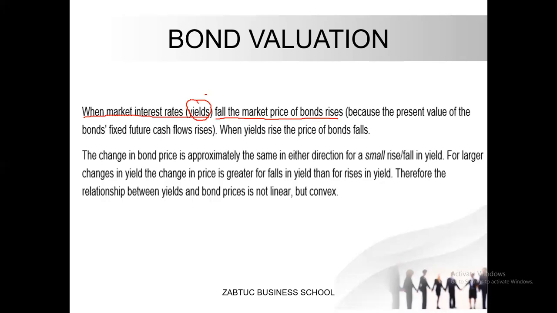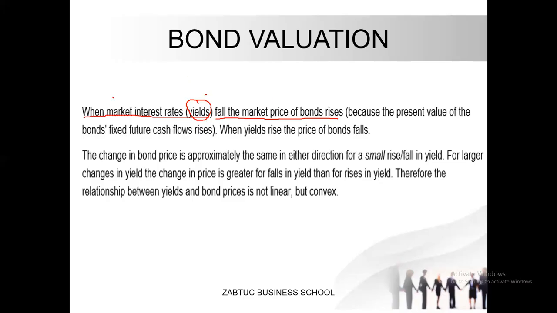In other words, to calculate or to estimate the market value of the bonds, we are using the concept of discounting. And the interest rates or the yields are our discount rates. So indeed, it's true that when the discount rate drops, the present values increase.